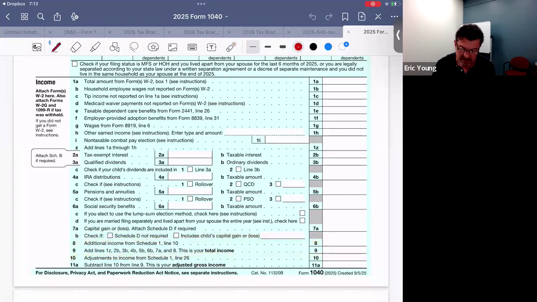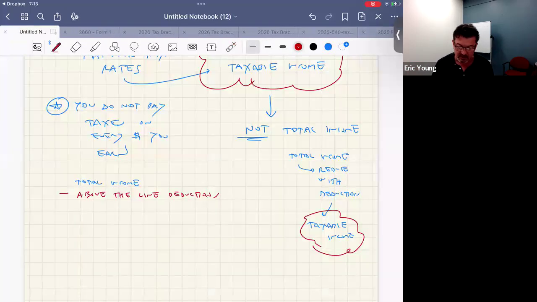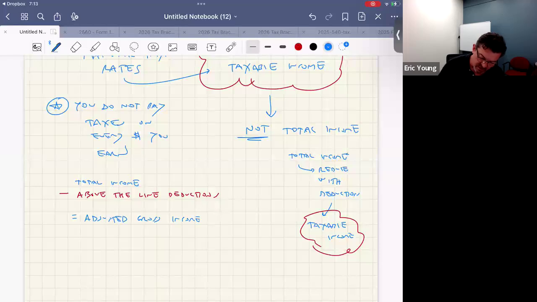And you might think, that's a lot of income. I'm going to pay a lot. Well, maybe not, because you're going to subtract your above the line deductions, and that's going to yield what's called your adjusted gross income, also known as your AGI.